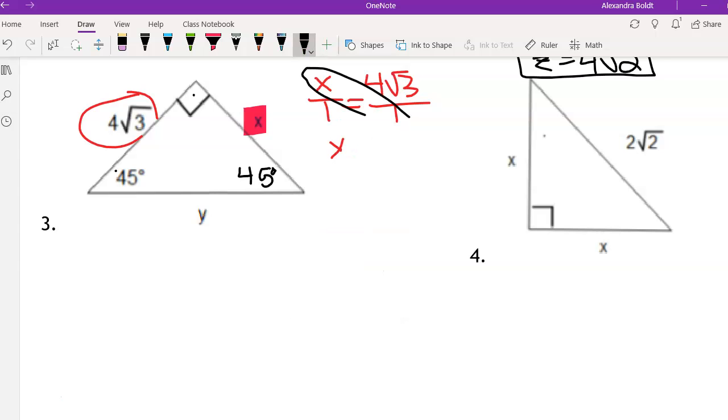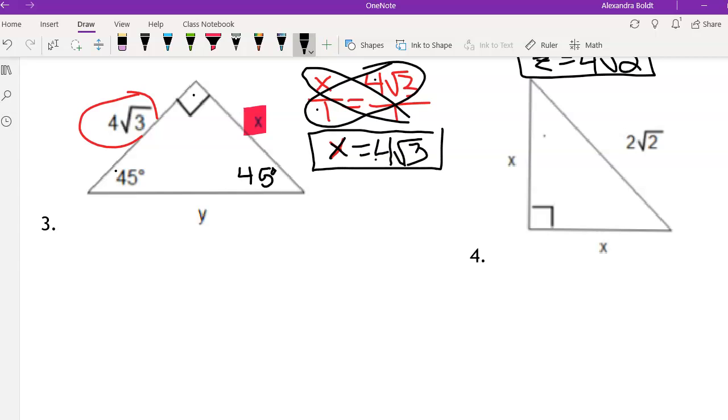So when we cross multiply, we get x equals 1 times 4 square root 3, which is just 4 square root 3, because 1 times 4 is 4, and we have the square root 3. Or again, this leg and this leg are going to be exactly the same. The legs are congruent.